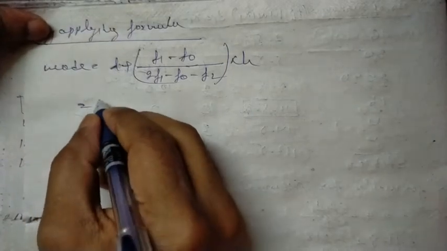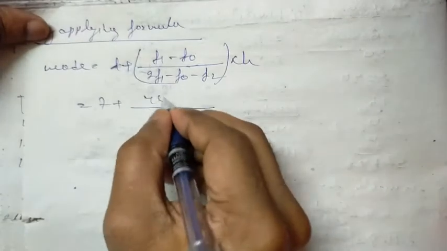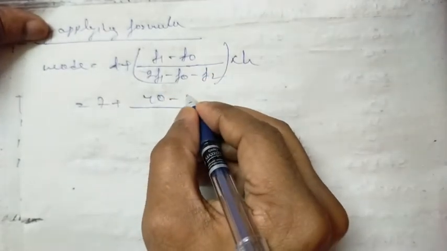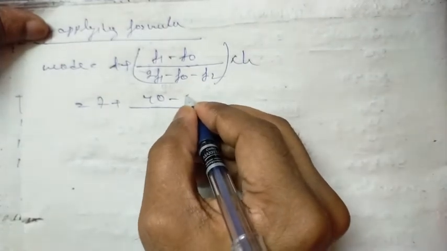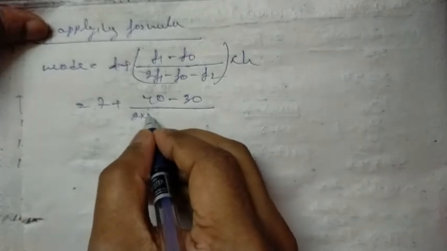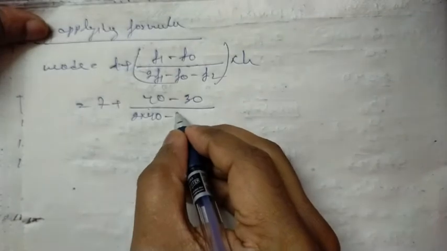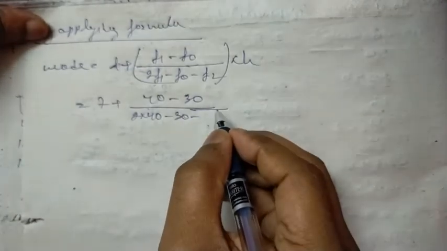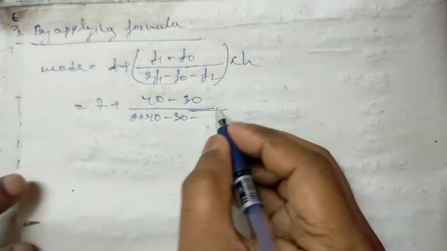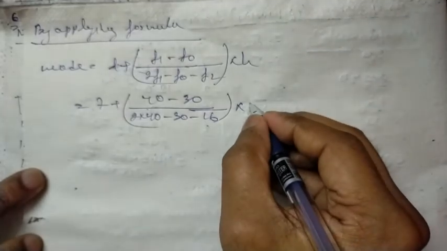L is our 7. What is our F1? We have got 40 minus, what is our F0? 30. Then 2 into 40 minus F0 is 30, and F2, what we got? F2 is our 16. Okay, and what is our class size? H is 3.